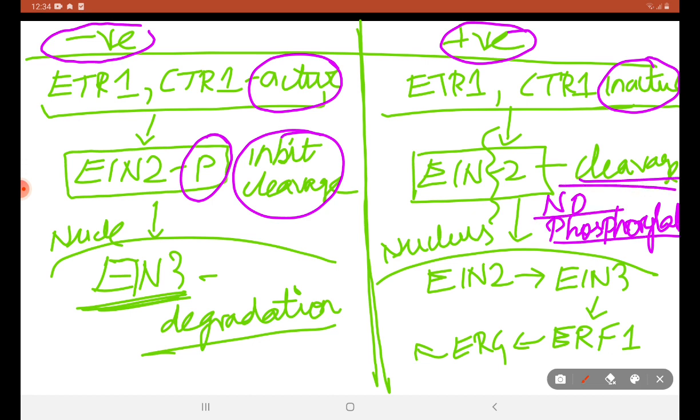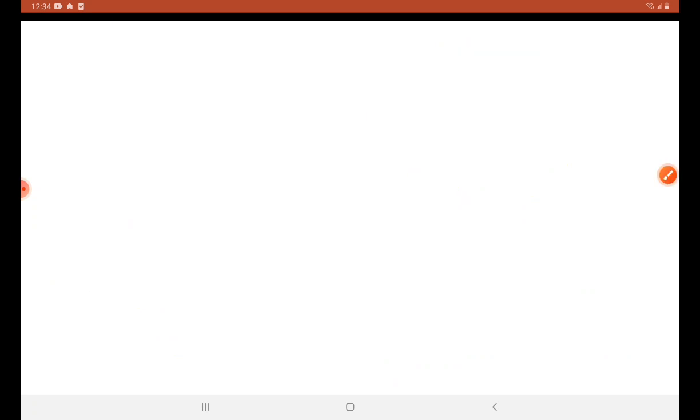Cleavage occurs. This is the whole idea about the signaling pathway of ethylene. This variation is the reason to call it a negative regulator. Hope this video is very clear.